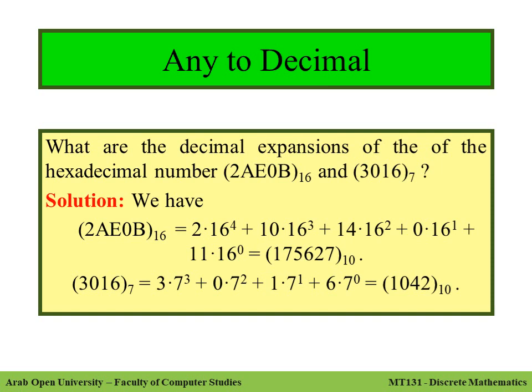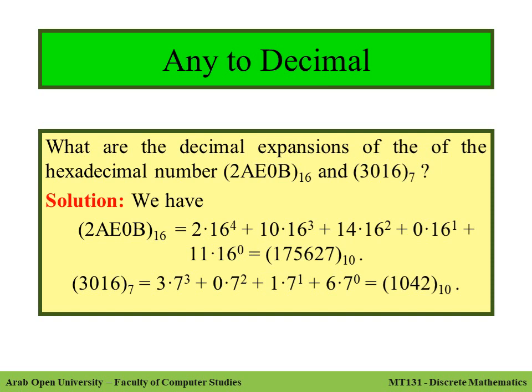The 2, which is to the far left, is multiplied by the base raised to the power 4, 16 to the 4. The next number A is just 10, and that's multiplied by 16 to the power 3. The next number is E, which is 14, and that's multiplied by 16 to the power 2. The next number, which is 0, is multiplied by 16 to the power 1. The last number, B, is 11, so it is multiplied by 16 to the power 0.